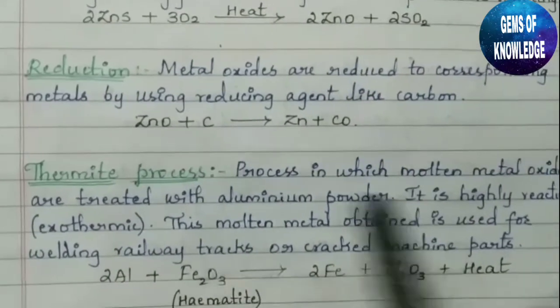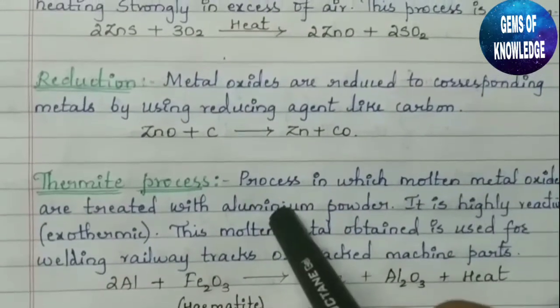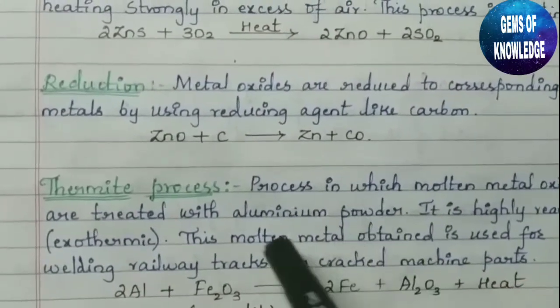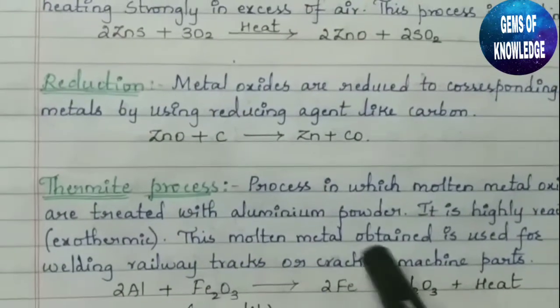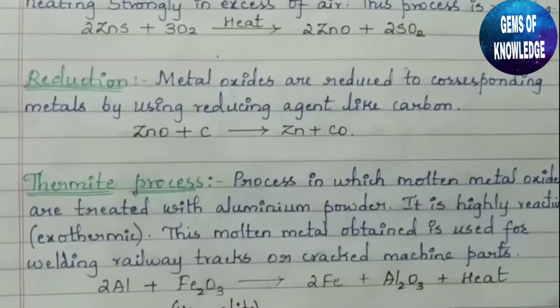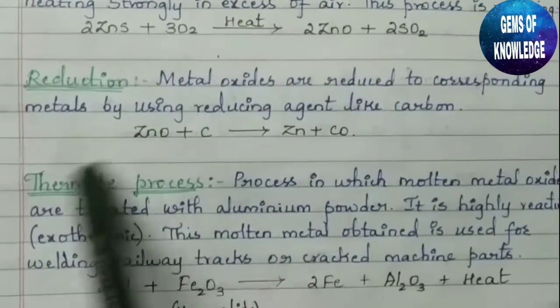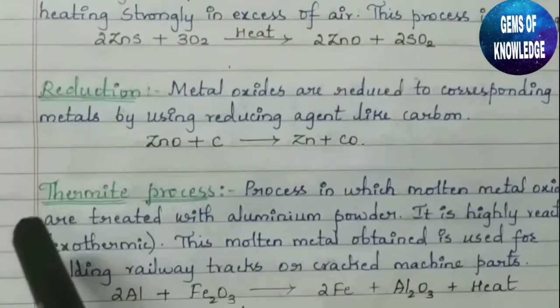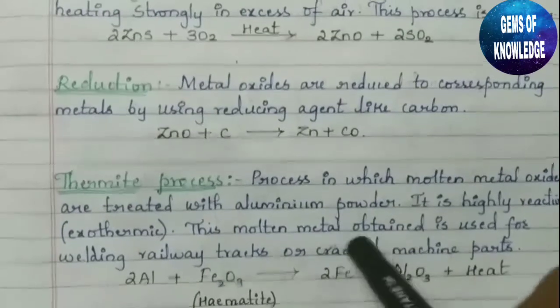Yes, can you imagine, when the molten metal oxide is mixed with aluminium powder, it is used for welding railway tracks or cracked machine parts, the big machines used in industries. When they are cracked, by the use of the thermite process, the cracked machine parts are repaired.